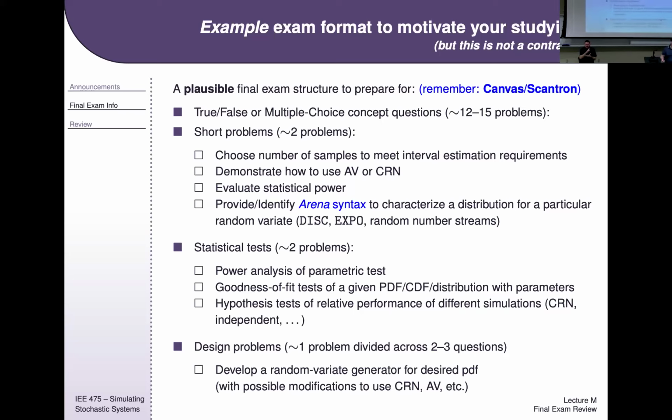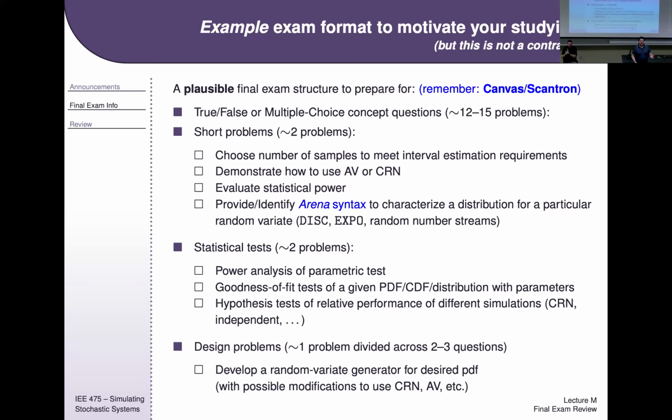So, designing or making sure that you understand how to design a random variate generator. What I like to do for the final exam is blend the design problems with some of the variance reduction technique stuff that we talked about.